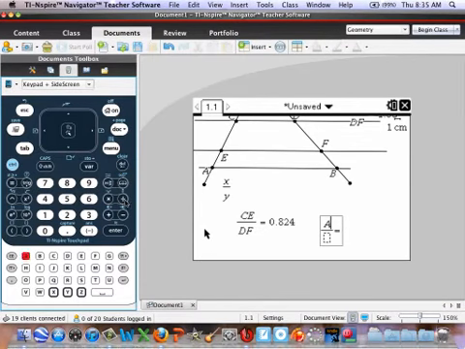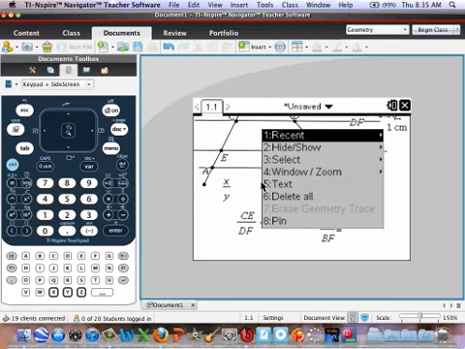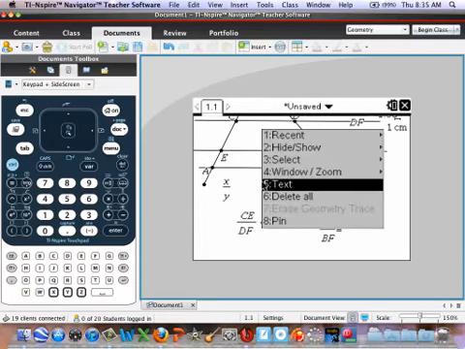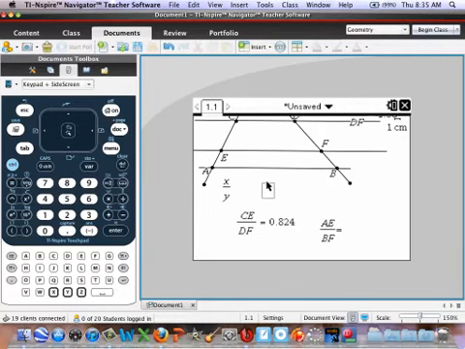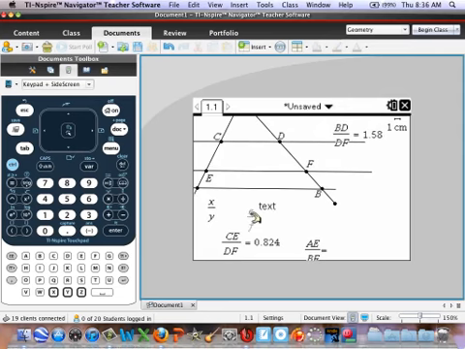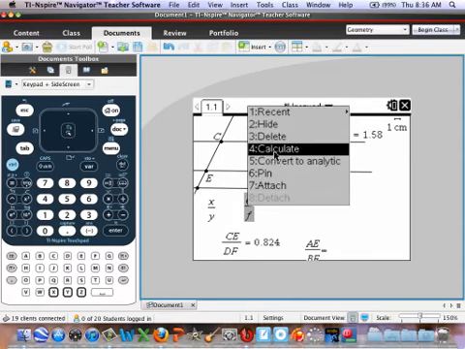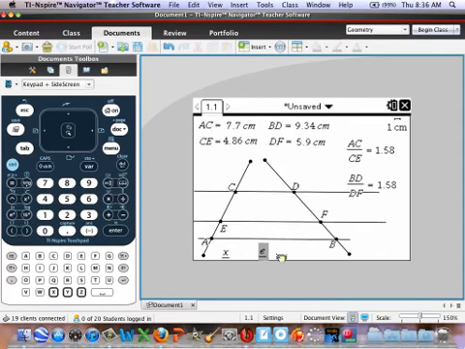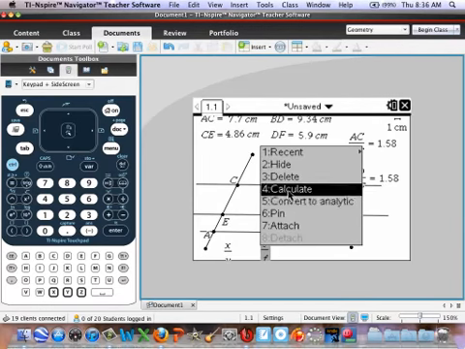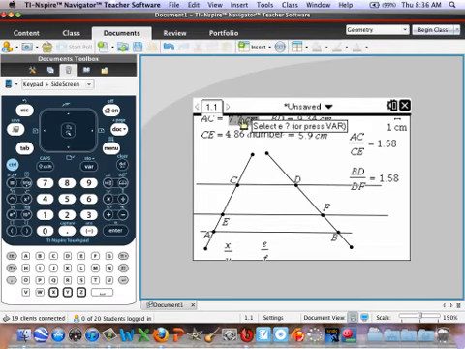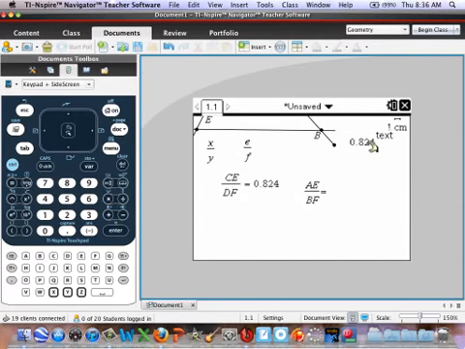So we get AE over BF, and then for this one, let's do E over F. Let's calculate. I'm not ready to calculate that. Oh, yeah, we'll go AC to BD. Sorry, guys.